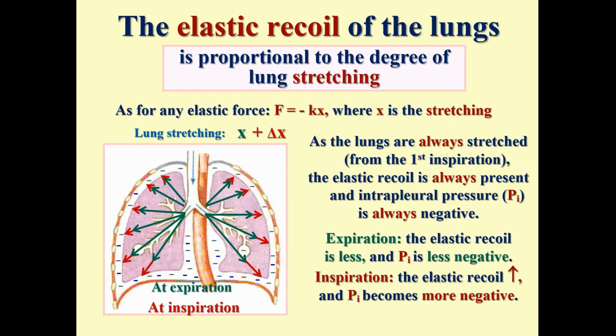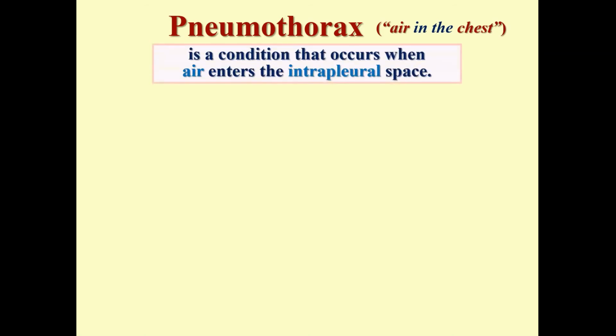So here it will be something like wind going into the intrapleural space. And this state of air accumulation inside the intrapleural space is called pneumothorax, easily translated as air in the chest. This is a condition that occurs when air enters the intrapleural space.